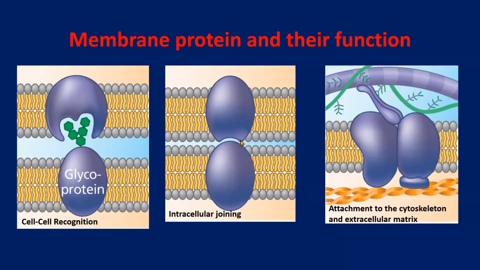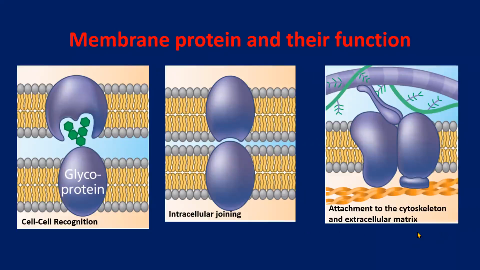Over here you can see some kind of curvature, and there could be some gaps also, and because of that there is binding between these two proteins, and because of that binding there is intercellular joining. The forces involved could include some electrostatic interaction, and some van der Waals interaction also.